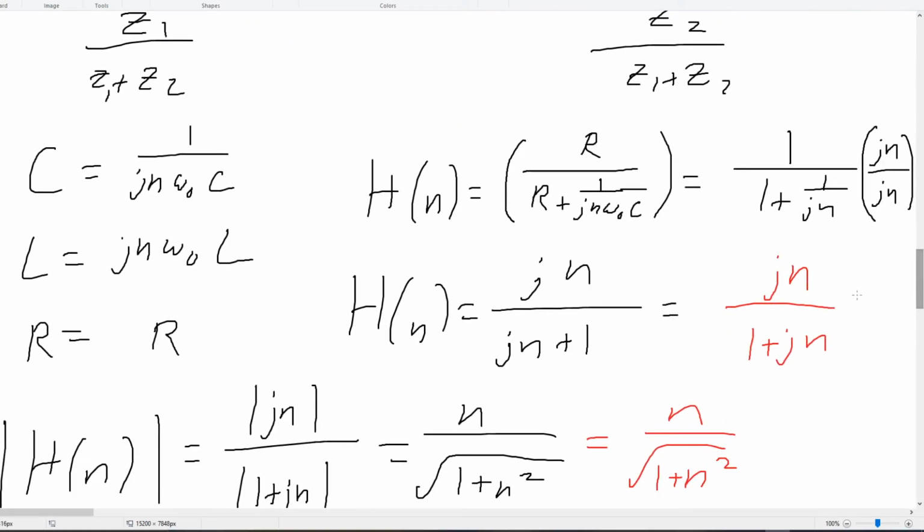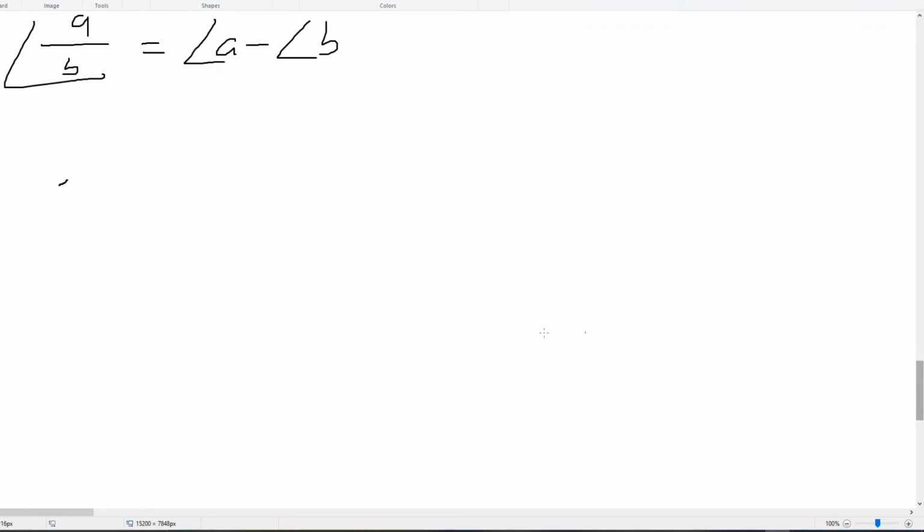Hn, we found Hn to be this value, Jn over 1 plus Jn. So I'm going to rewrite that over here. Hn is equal to Jn over 1 plus Jn, right?